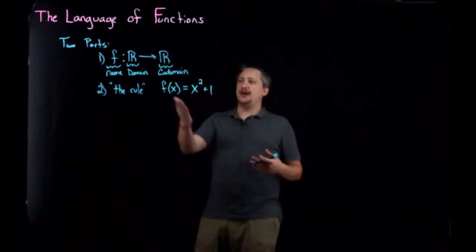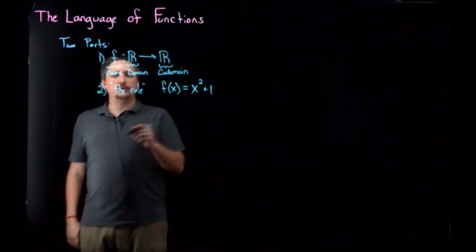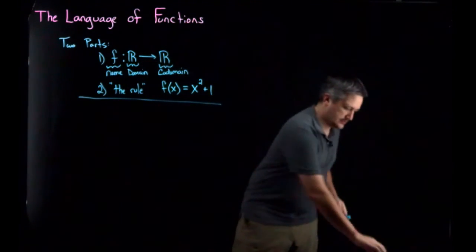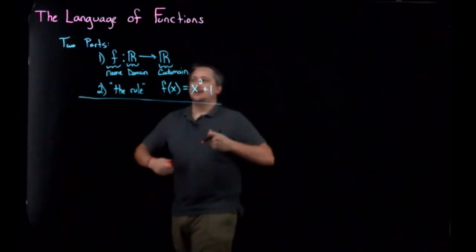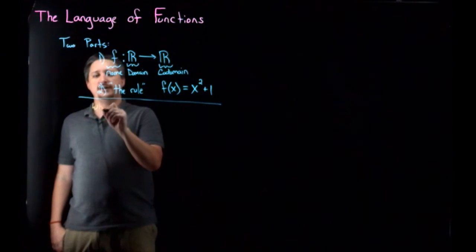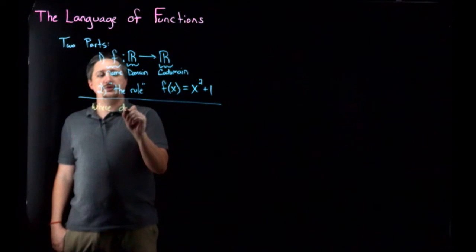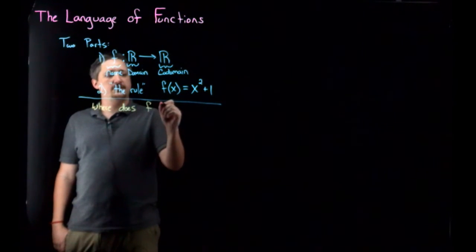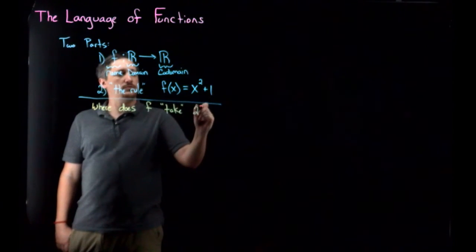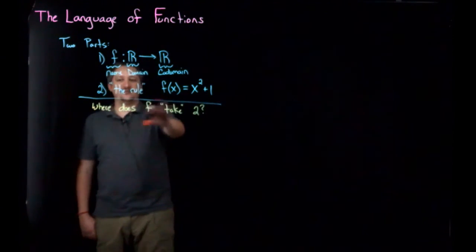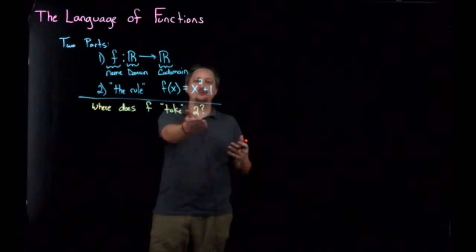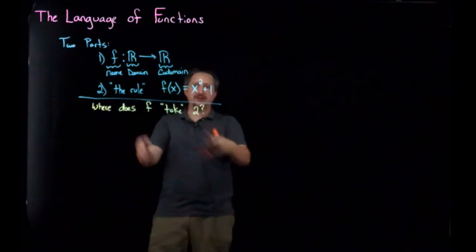So if I want to know how f affects, say, 2, let me switch colors here. If I want to know where does f take 2? This is the math language. When we say take 2, what we really mean is what is 2 related to? If I put in 2, what is the output?